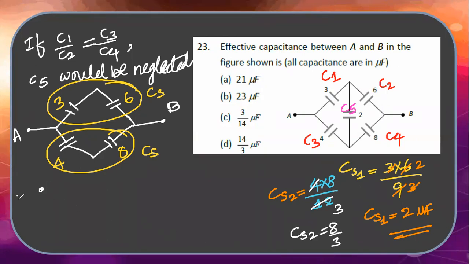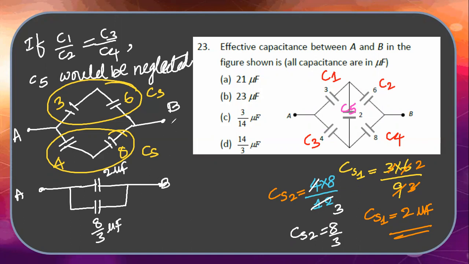Then across AB, the top one is CS1, which is 2 microfarads, and down it is 8 by 3 microfarads. How are these? These are in parallel.